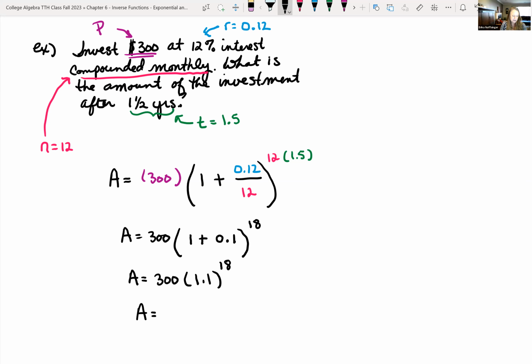And let me just look at this really quickly. And I was a little off. That 0.12 divided by 12 should be 0.01.